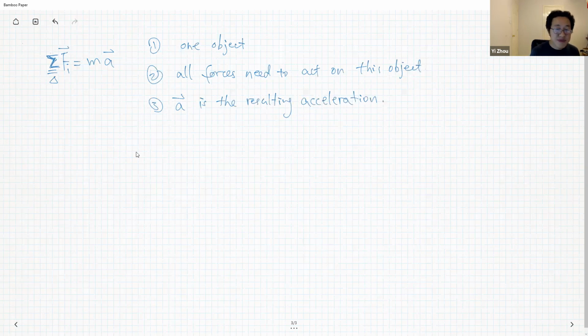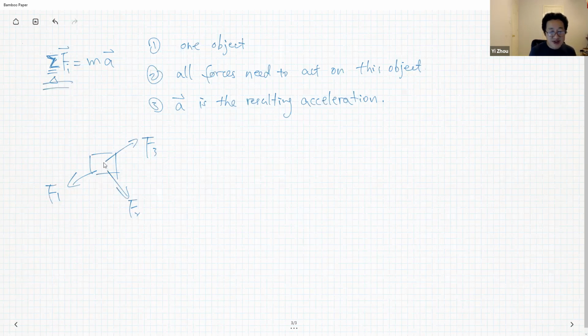So basically, if we talk about one object and you have multiple forces acting on it, F1, F2, F3, first of all, you need to find the summation of the forces.